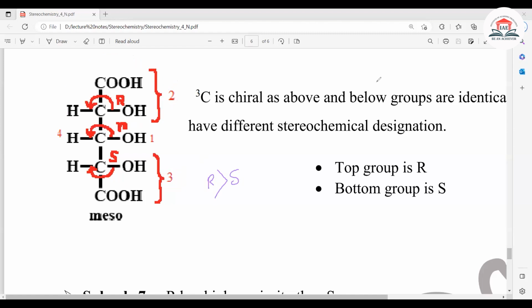Okay, so now how is it moving? 1, then up to 2, then down to 3. So 1, 2, 3 is moving in anti-clockwise direction, but because the fourth priority is on the horizontal line, it will become R. Now look at one thing here: I have written R in small letter, small r, because it is a pseudo asymmetric center, so we write it in small letter, small r or small s.